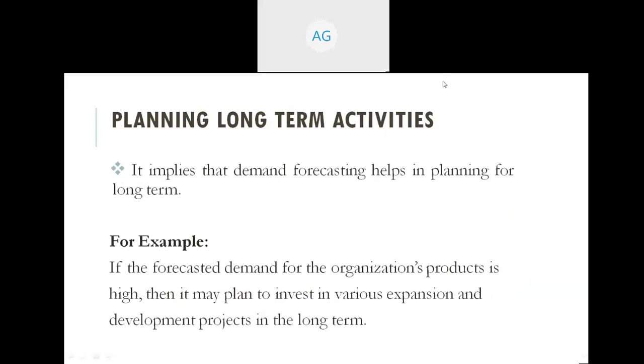Now, the second factor for long term activity is planning long term activities. It implies that demand forecasting helps in planning for the long term. For example, if the forecasted demand for the organization's product is high, then it may plan to invest in various expansion and development projects in the long term.